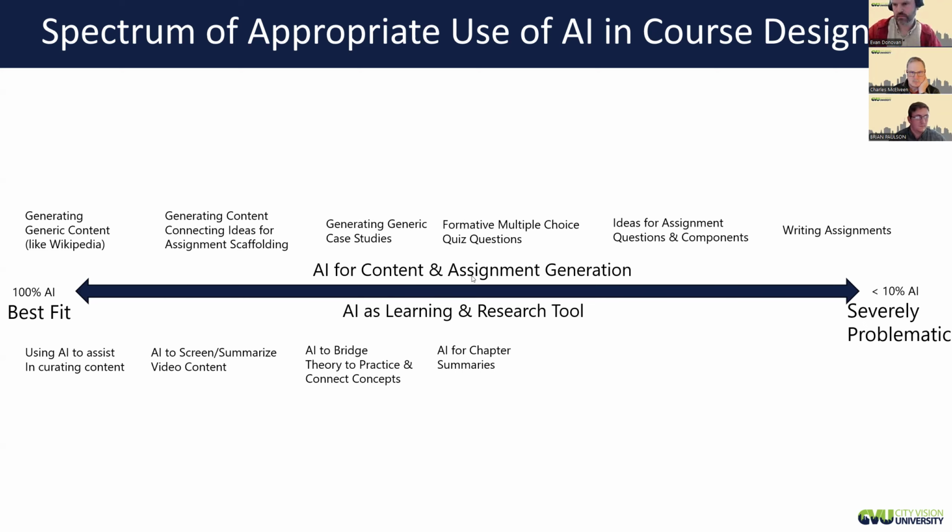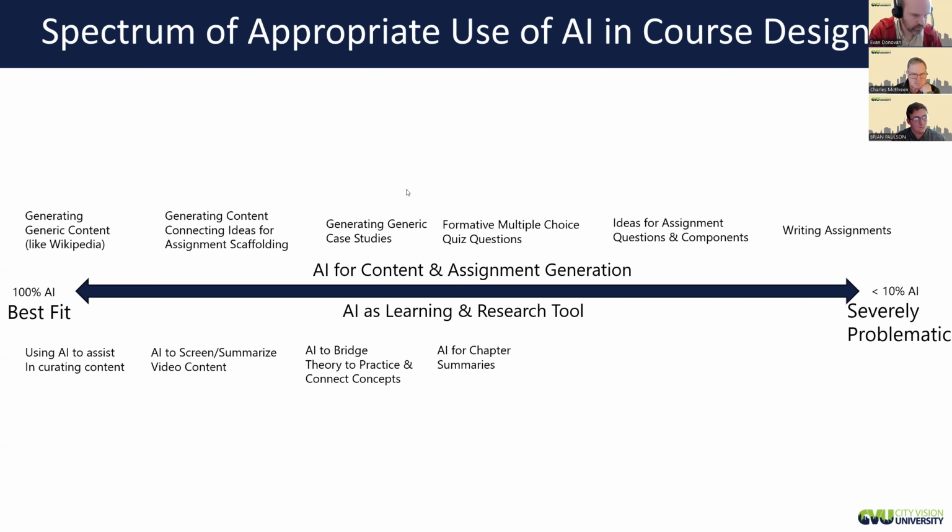Then AI for chapter summaries, and I put this in the middle because in about a quarter of the cases it just made stuff up. So you have to check, and you don't want to be writing questions on a made up chapter. Ideas for assignments and questions, and then writing whole assignments, I think is severely problematic.